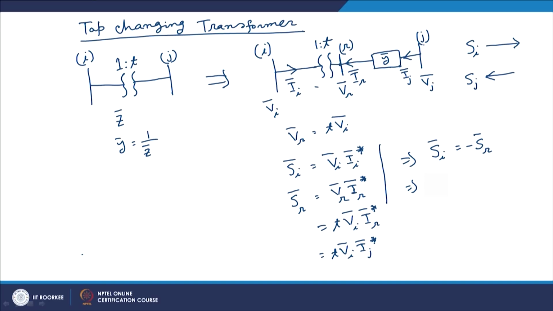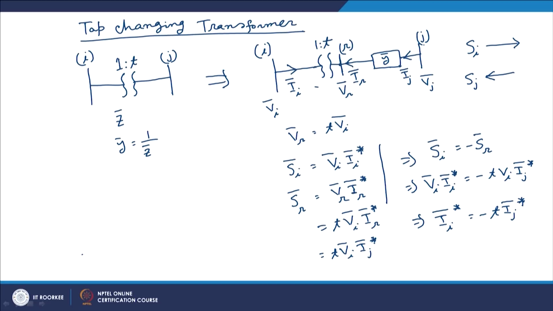So, now from this expression, if Si is equal to Sr, then we can write Si is Vi into Ii star is equal to minus TVi. So, then from this equation Ii star is equal to minus T Ij star.